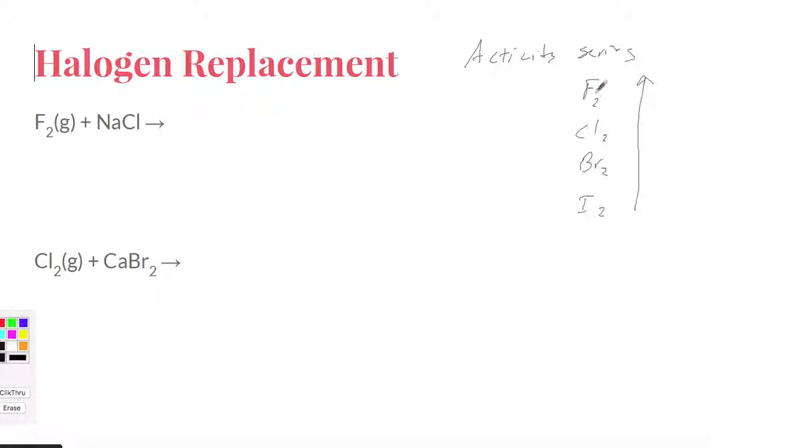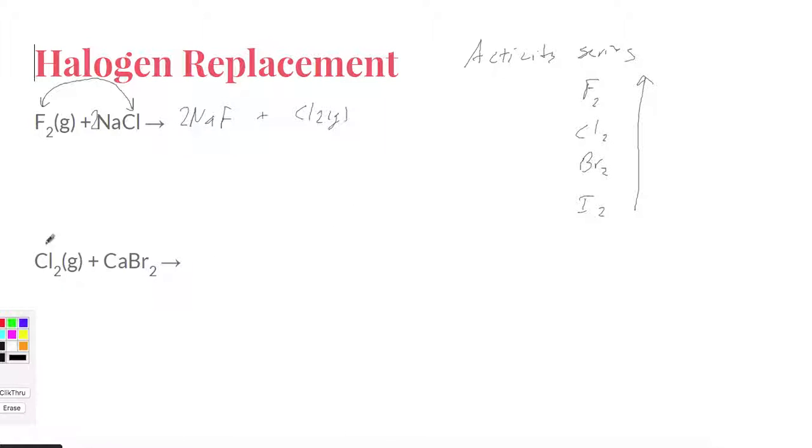So fluorine is the most reactive, iodine is the least reactive. So fluorine, since it's more reactive than chlorine, is going to switch places here. So we're left with sodium fluoride, and we can have chlorine gas all by itself. Now, that chlorine gas is a diatomic, so Cl2. NaF is the correct chemical formula for that guy, and then we can balance. I haven't been doing that, but there it is.